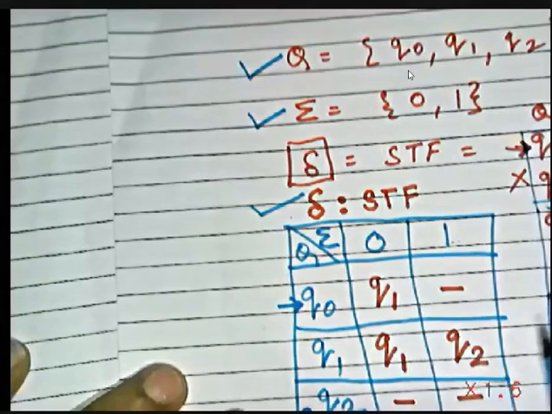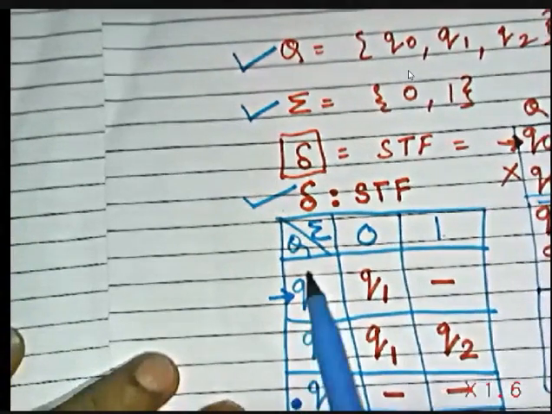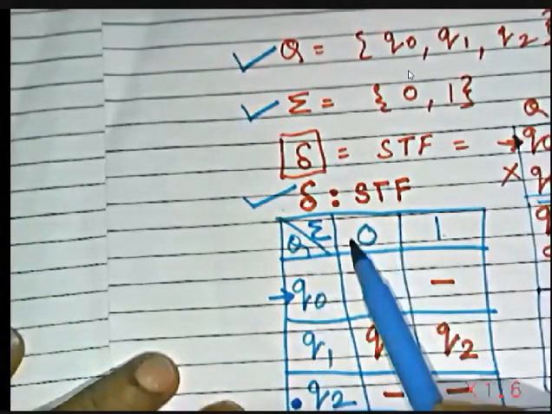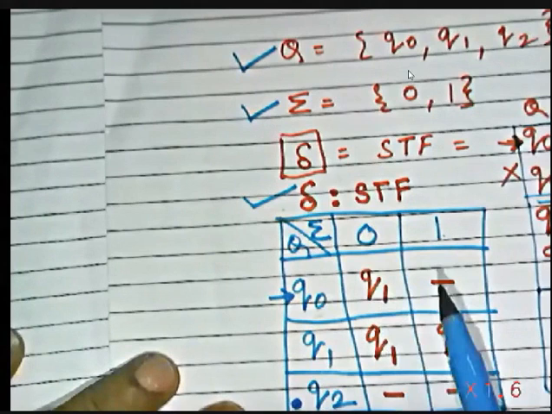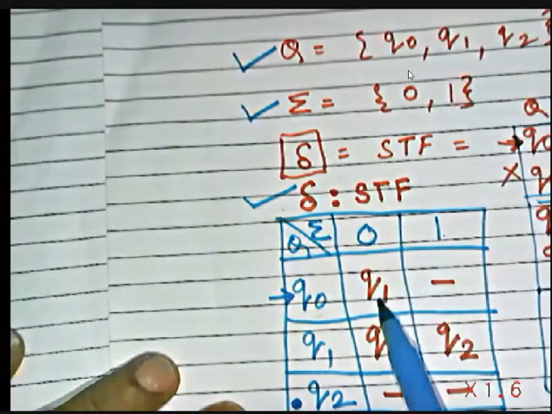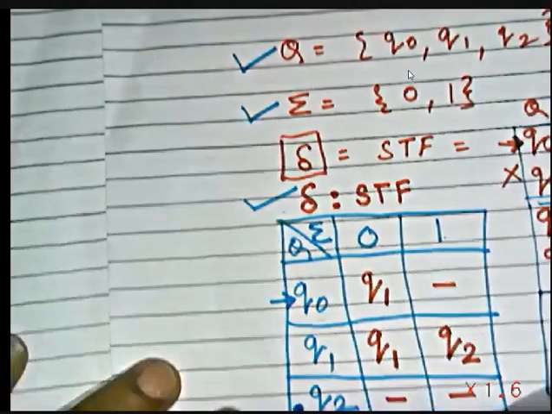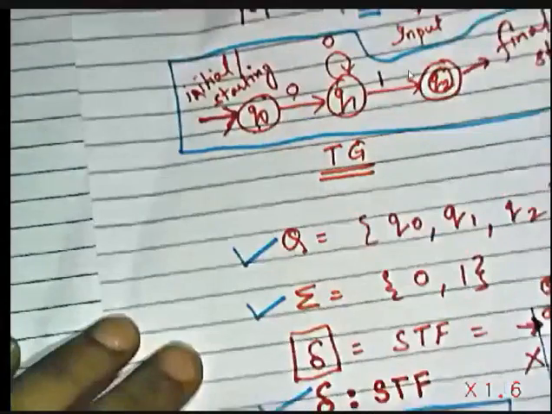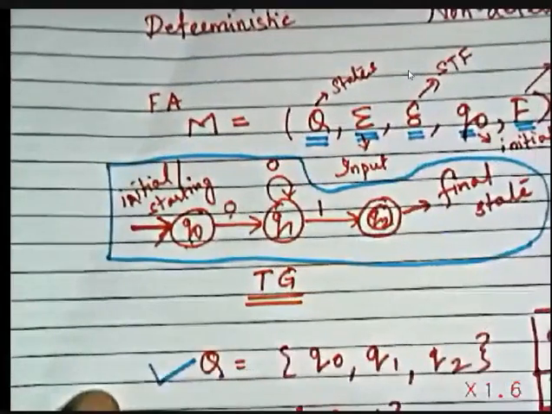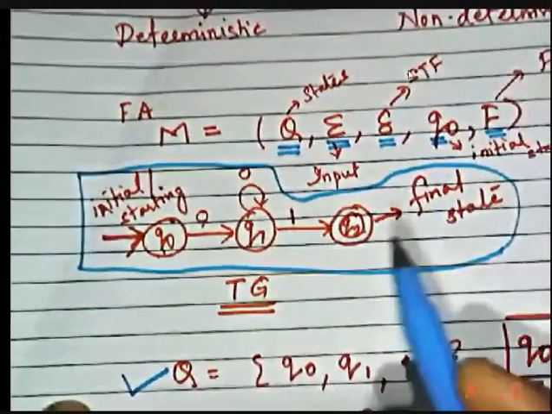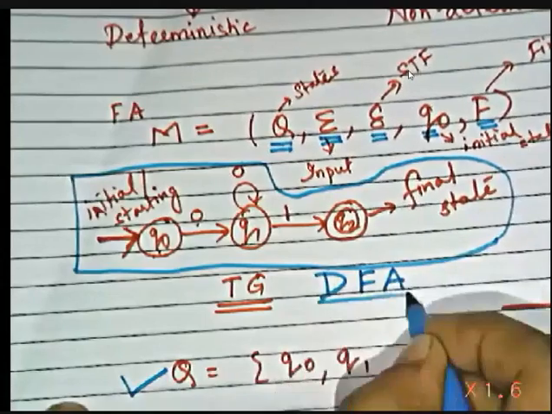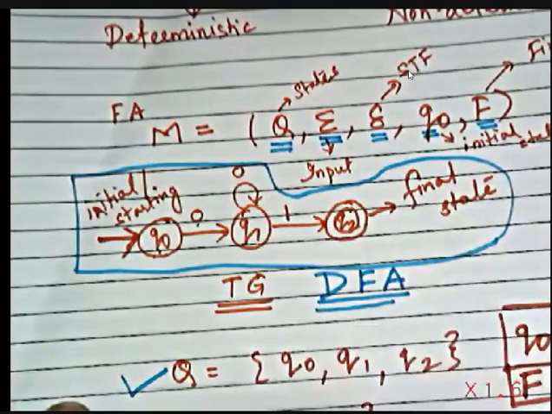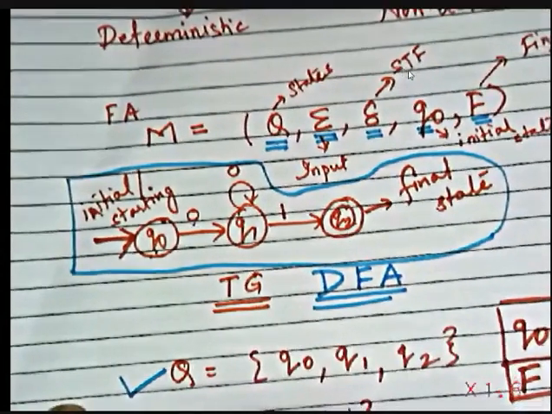Whenever with a current state and current input symbol you move to one and only one state, that type of finite automata is called a DFA, deterministic finite automata.